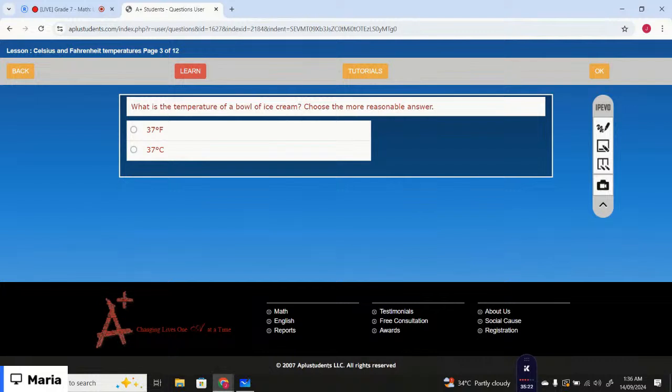Ice cream is 37 degrees Fahrenheit, that is the correct option.